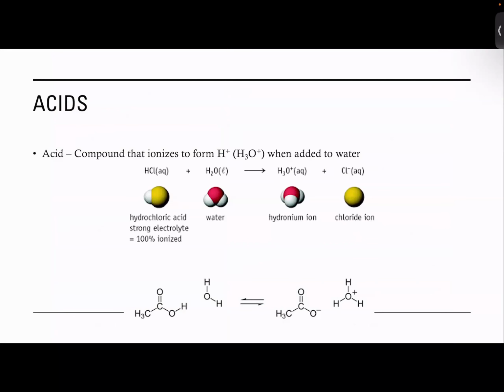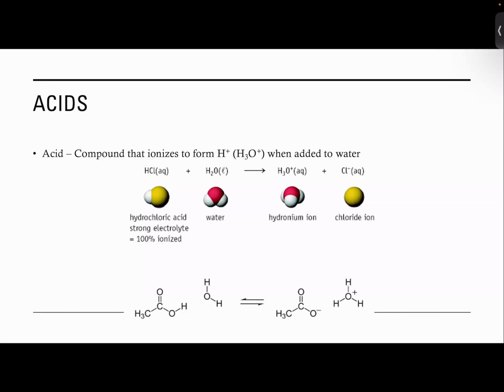An acid is a substance that, when added to water, dissociates to form a H plus ion, sometimes referred to as a proton. Now, a proton cannot exist on its own. So you can't have free H plus floating around. So what happens is the H plus combines with the water molecule to make the hydronium polyatomic ion.